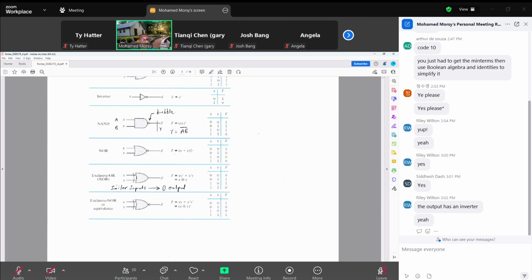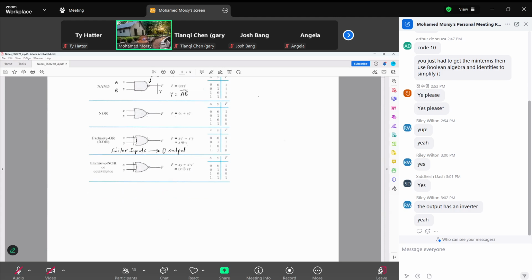X plus Y inverted. Do you see this expression? You can write it like this, or you can put a bar over everything. This is the same thing. We put X and Y as one unit inside the parentheses, as one package, and then we put invert at the end. The same thing.